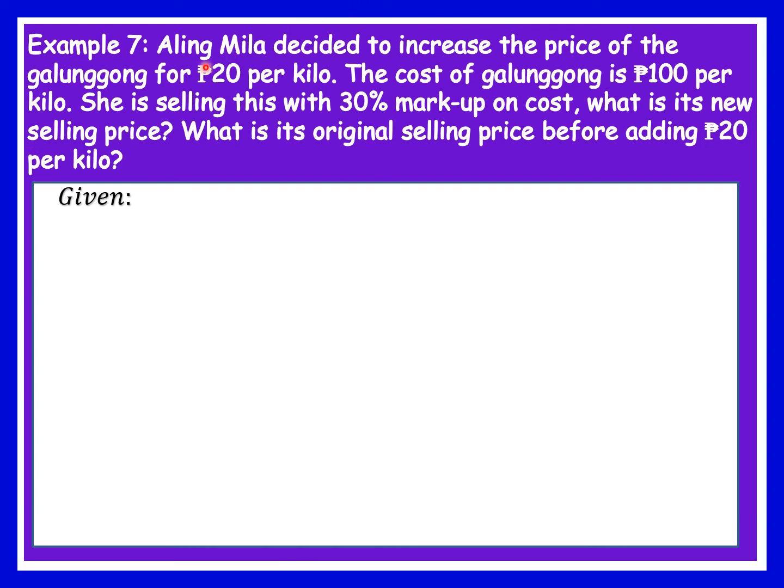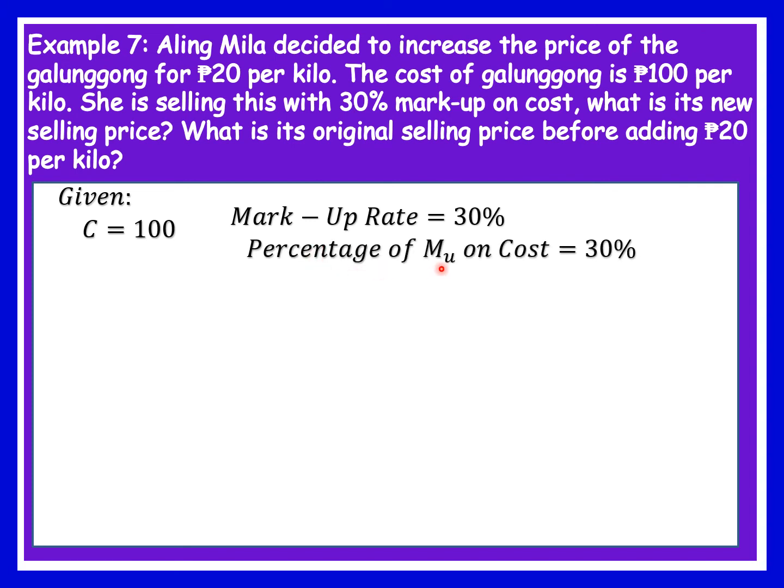So, obviously, the cost of galunggong is 100 pesos per kilo. So, our C is 100 pesos. Then, she is selling this with 30% markup on cost. So, in other words, there is a markup rate of 30%. And markup rate is also the percentage of markup on cost.